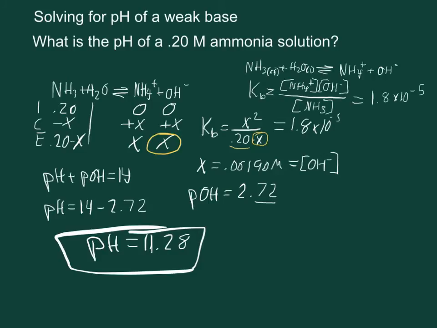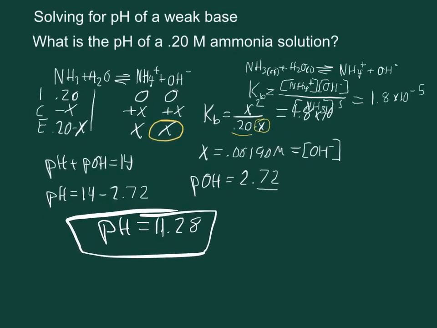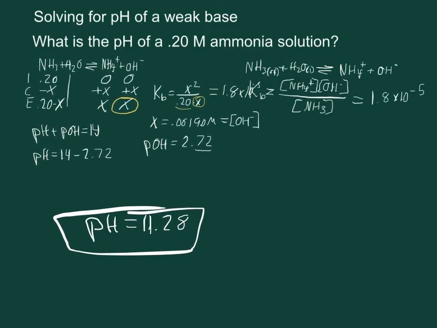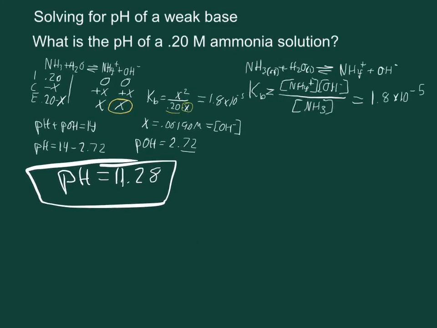One of the quick things to note, just going forward, is that if we didn't know what the base was, let's say we were given a Kb and just told it's a weak base, or we were trying to solve for a generic weak base solution, you'd simply write out B, in this case it would be the NH3, plus water, goes to HB+ plus OH-.